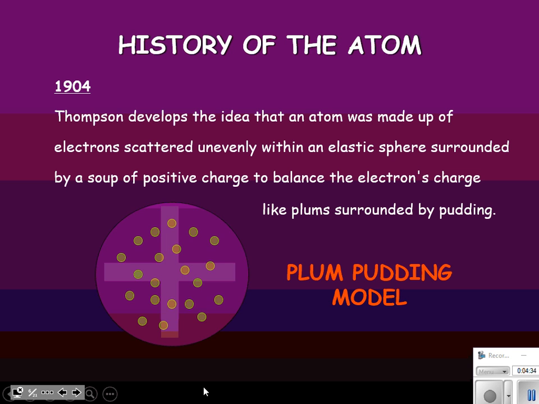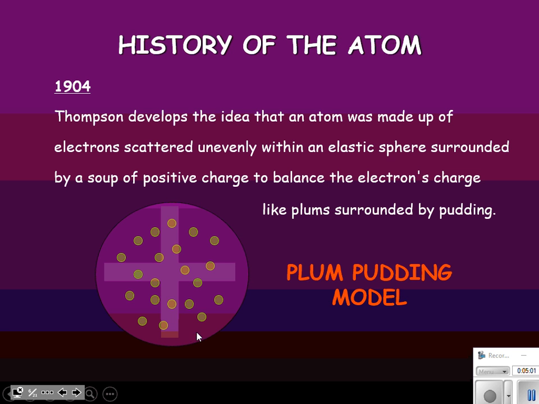Now, I myself have no idea what plum pudding is. I've never seen plum pudding, nor have I eaten it, but to me it reminds me of tapioca pudding. Have you ever had tapioca pudding where they've got the little spheres inside the pudding?